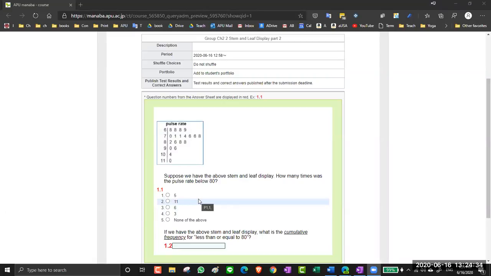The cumulative frequency just means you accumulate how many are below 80. So that's obviously what we just answered, 11. All right, is that clear? It just means you add up. That's what cumulative means, accumulate.